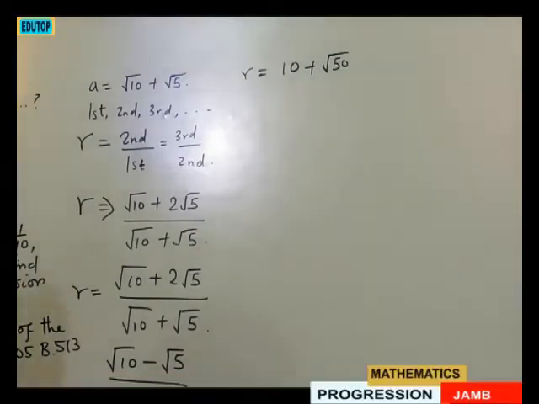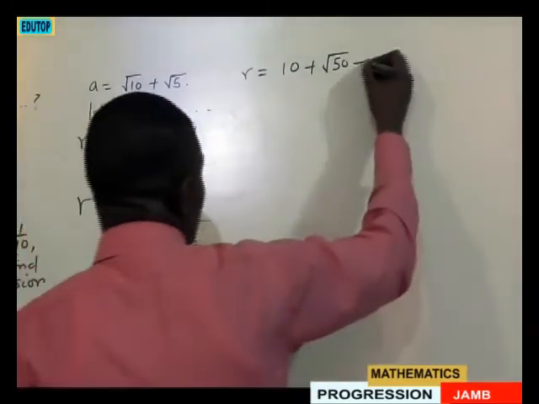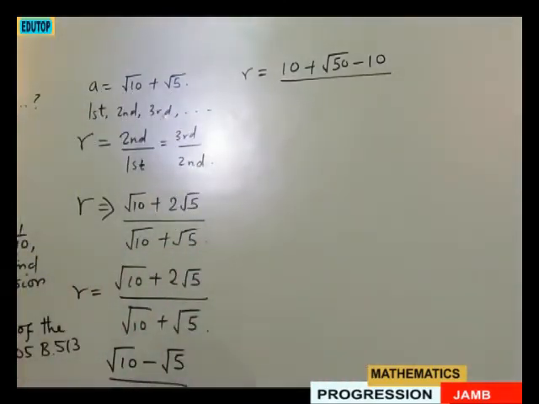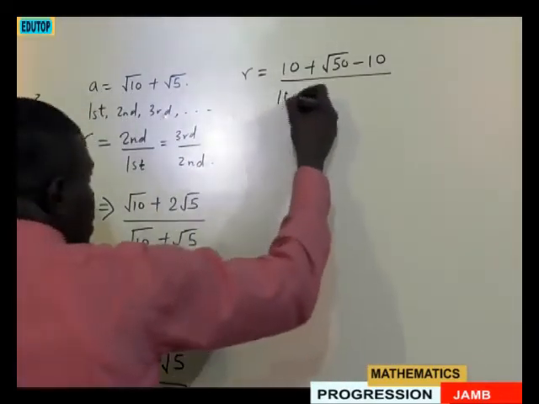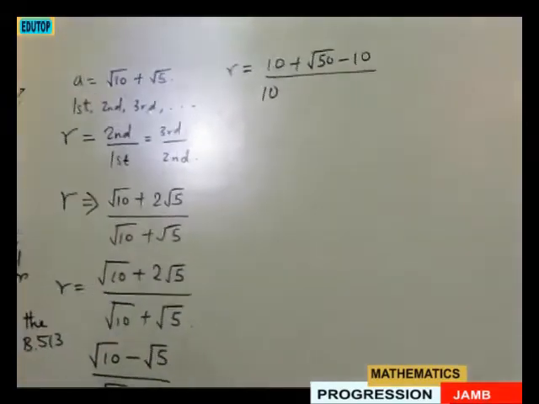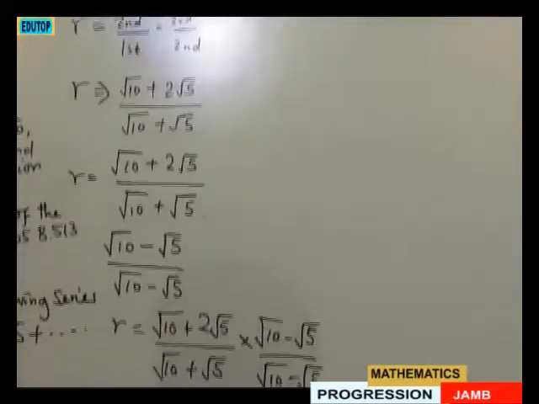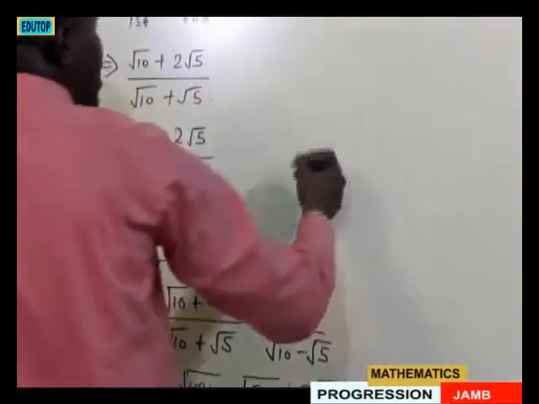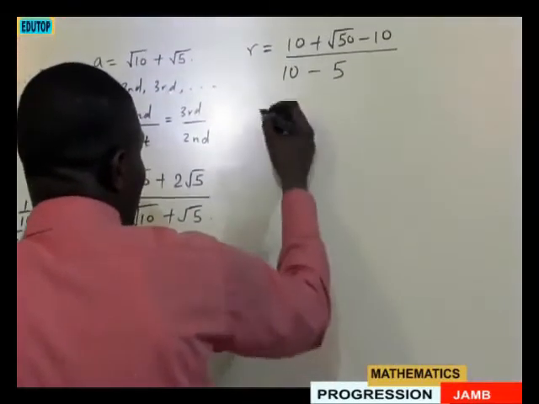Then what is root 25? Root 25 is 5, 5 times minus 2, that is minus 10. Take note. Over root 100, which is 10, minus root 50 plus root 50 cancel out. Root 25 is 5, and there is a minus there, so minus 5. Then here, plus 10 minus 10, that is 0.